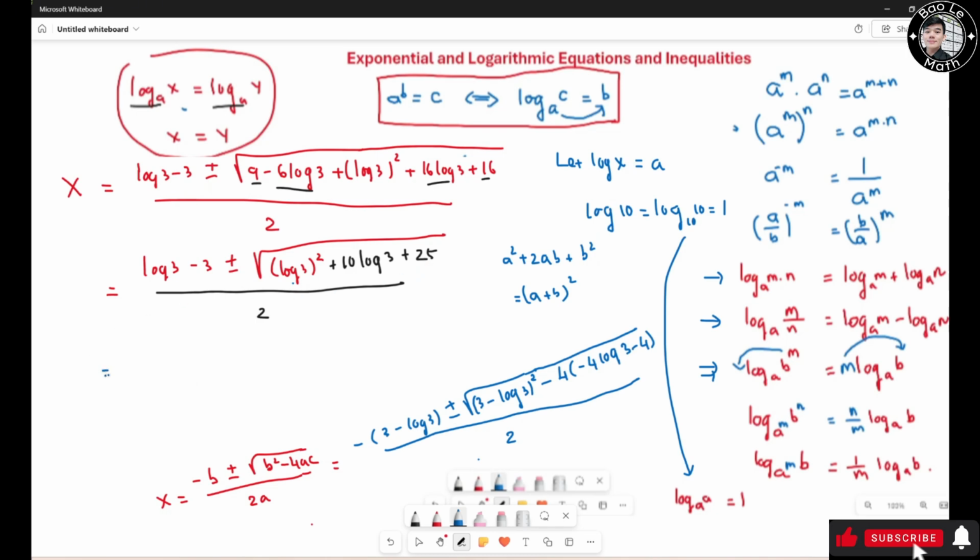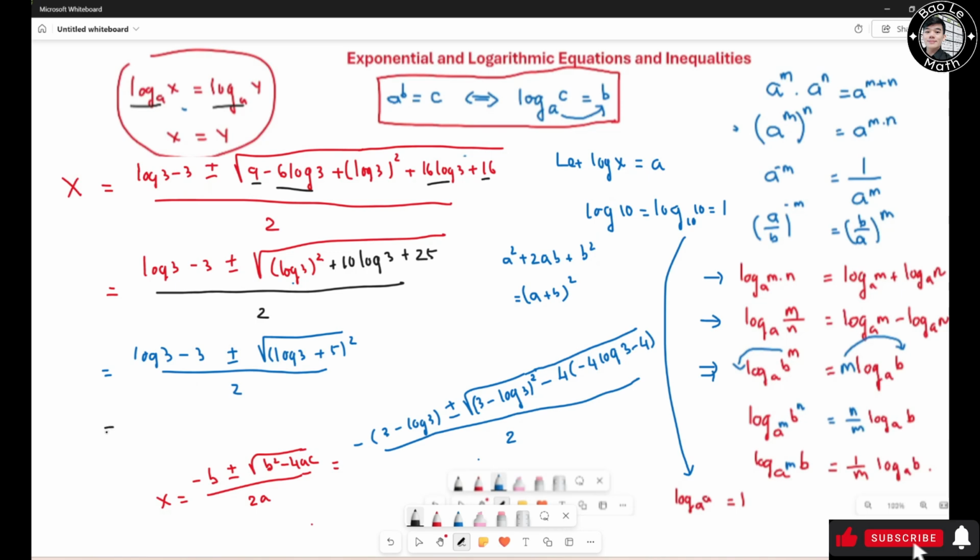So this guy turns out to be log 3 minus 3 plus and minus square root of log 3 plus 5 altogether square over 2, right? Now log 3 plus 5 is a positive number, so when you take square root of log 3 plus 5 altogether square, it turns out to be log 3 plus 5, right?